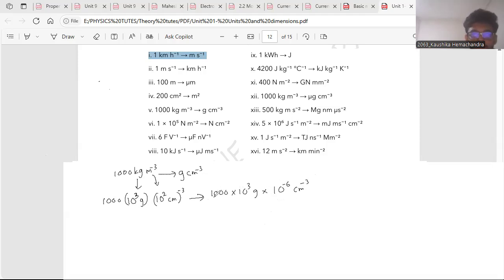So here 10 to the power 3, 10 to the power 3, that is 10 to the power 3 plus 3, 6 grams into 10 to the power minus 6 per cubic centimeter. 6 minus 6 gets cut, 10 to the power 0, no? 10 to the power 0 is 1.